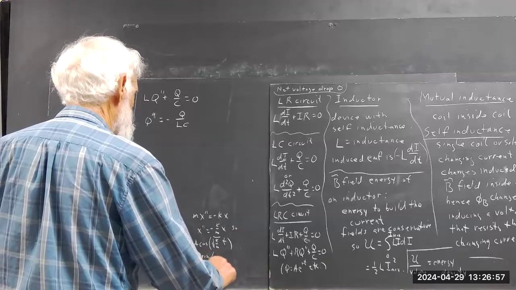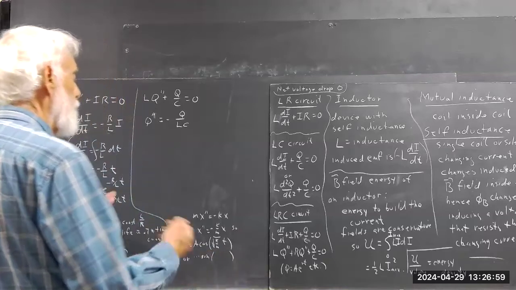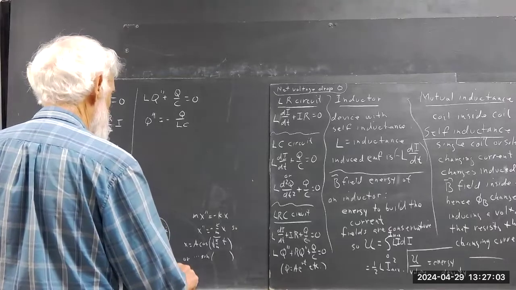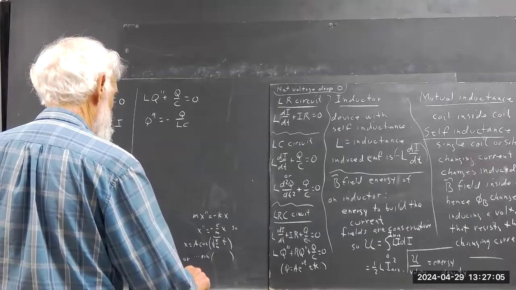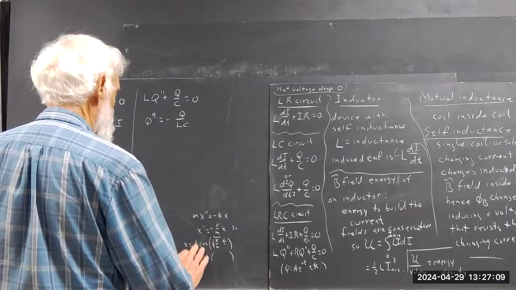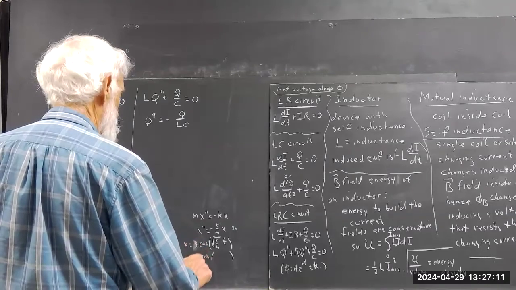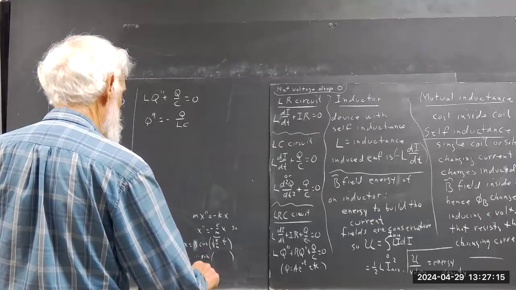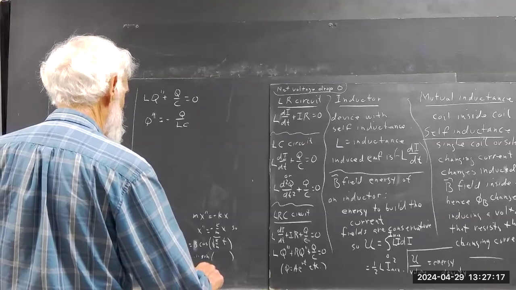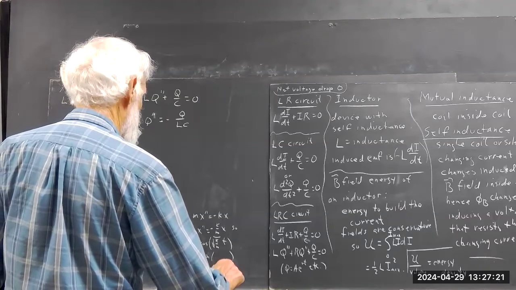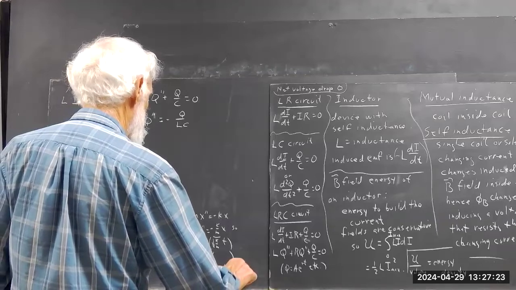Or some multiple of the sine of the same thing, or some combination of those, which gives you, make this a B, make this a C, and x will equal A cosine of omega t plus phi.